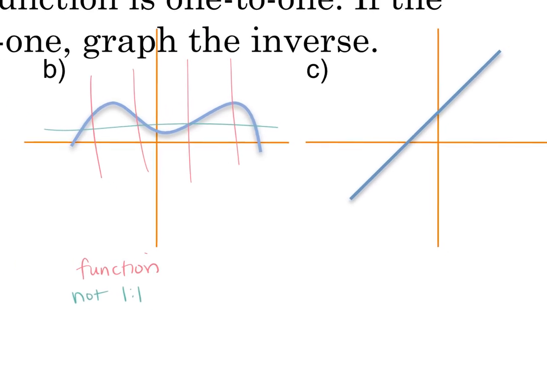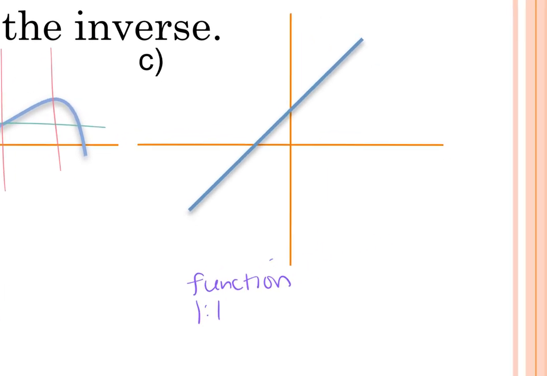And C, is it a function? Yes. Is it one-to-one? Yes. So now we want to find the inverse. If I gave you points, what would you do with it? Switch your x and y. So this does not have tick marks. You can just draw them on because it doesn't matter as long as you're consistent. Then those points will be okay when we flip it. So if I just took those 2 points, this point would be -2, 0.